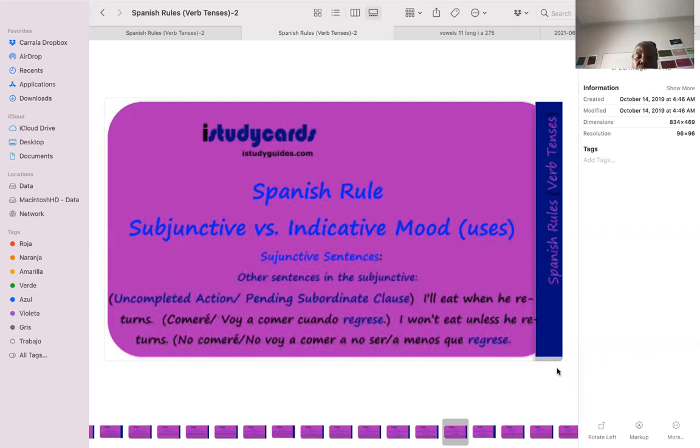We're talking about the subjunctive, a mood, not a tense, a mood that is used very much, quite frequently, quite often in Spanish. It's used a lot in English, but it's invisible because the structure of the sentence doesn't change.